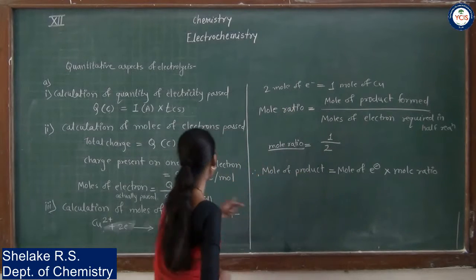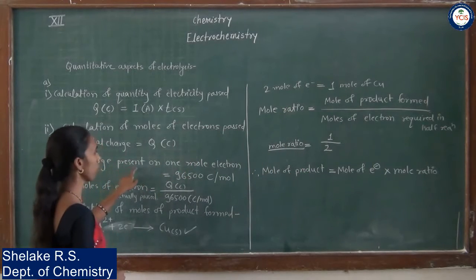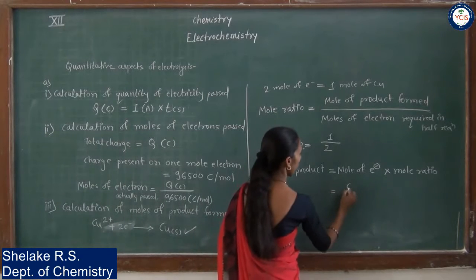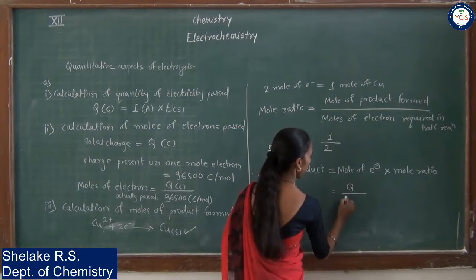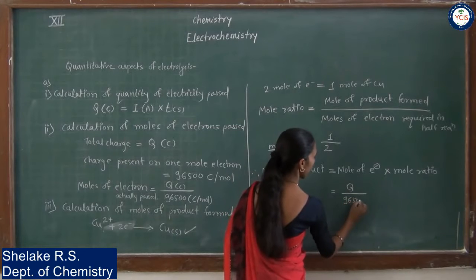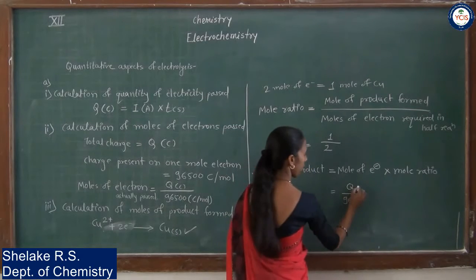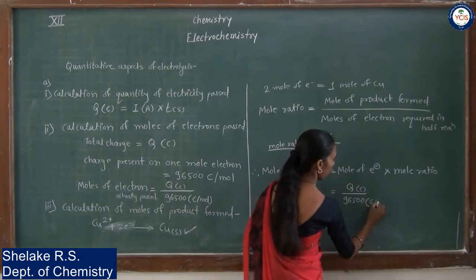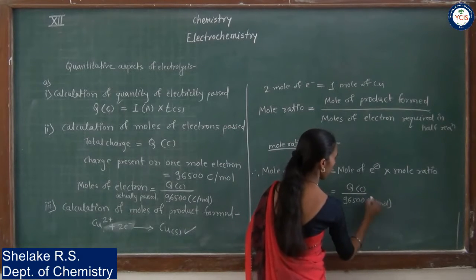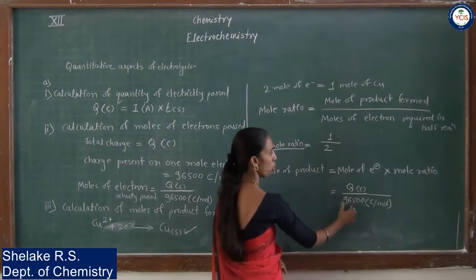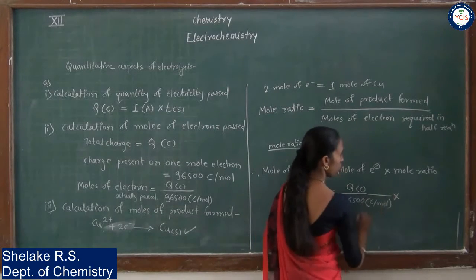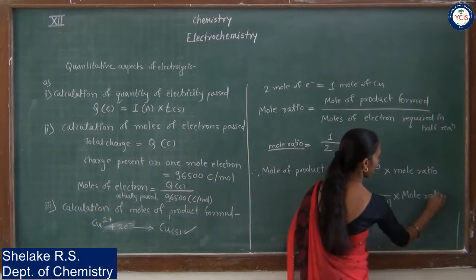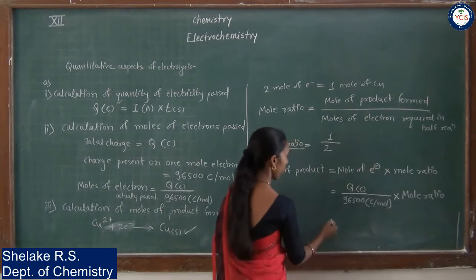Now for mole of electron, we have already found it in the second equation. This is nothing but Q divided by 96,500, with Q in coulomb and the value in coulomb per mole. So mole of electron into mole ratio, you simplify this again.